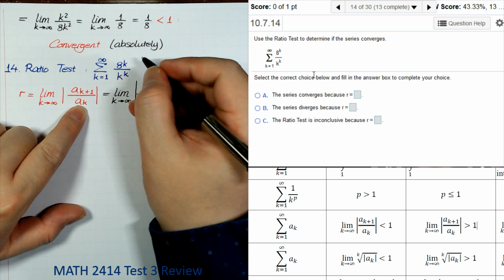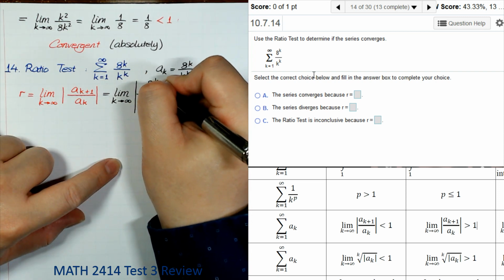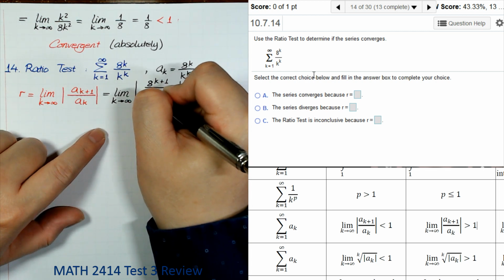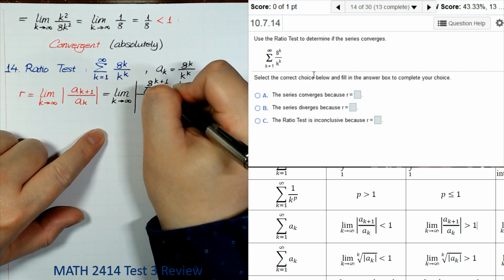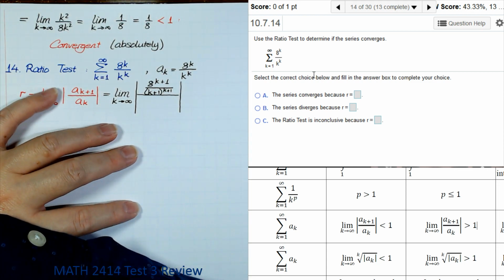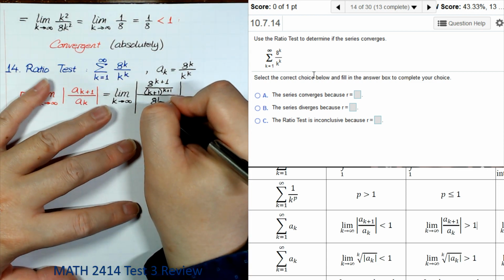Right, k plus 1 instead of k, and the bottom is a to the k.